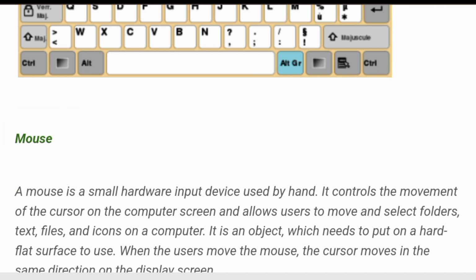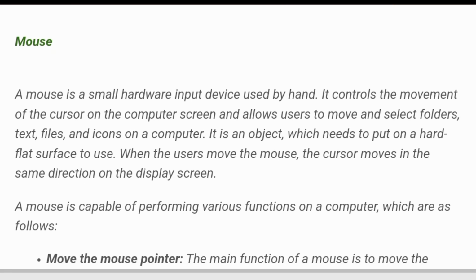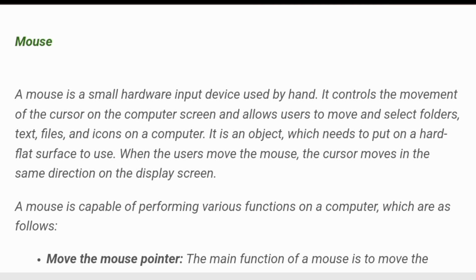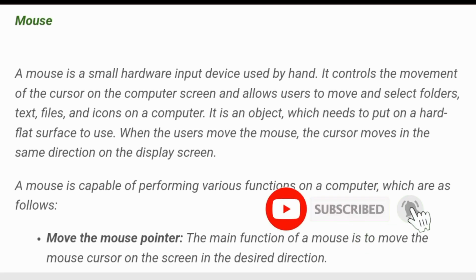Now the mouse. A mouse is a small hardware input device used by hand. It controls the movement of the cursor on the computer screen and allows the user to move and select folders, text files, and icons on a computer.